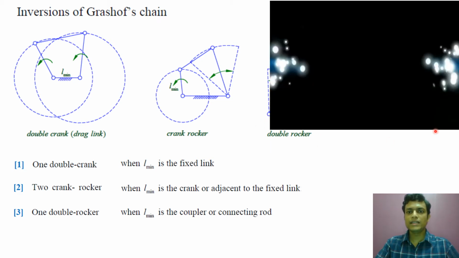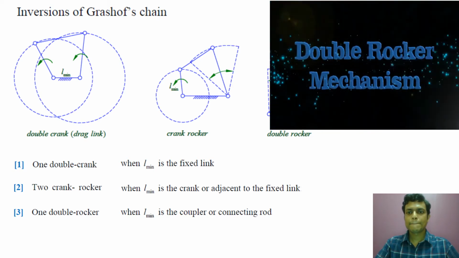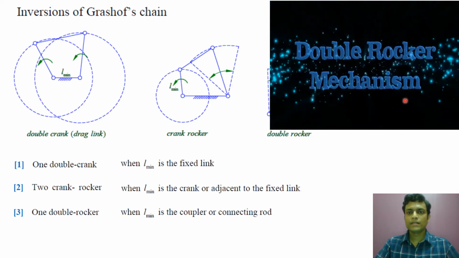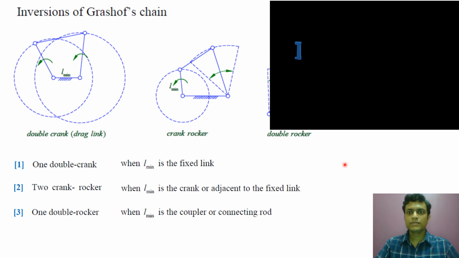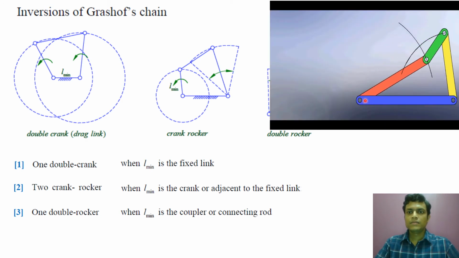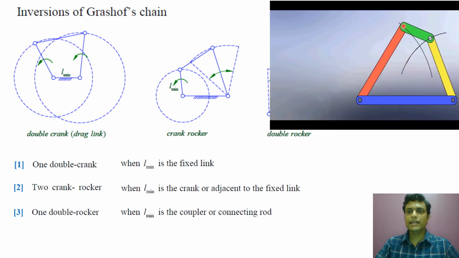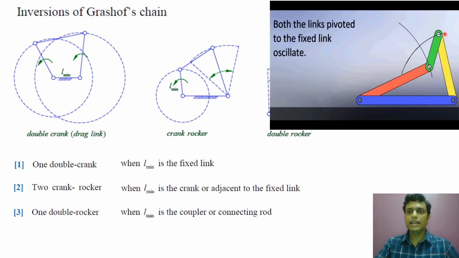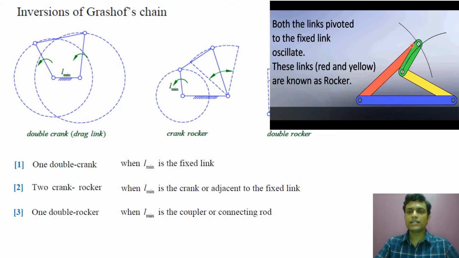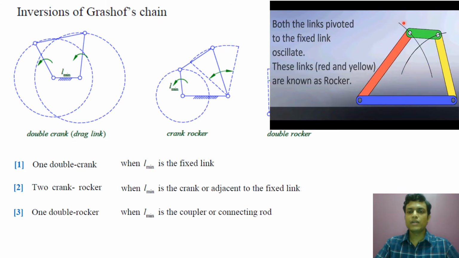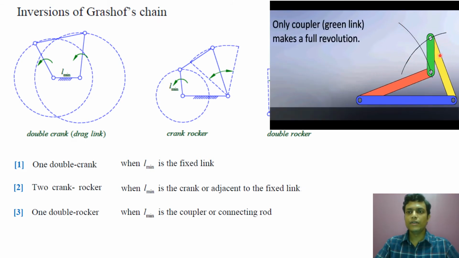So let us see the animation. The blue color link is the fixed link and the green color link is the L min, that is the shortest link, which is at the coupler, and the red color one is the crank and the yellow color link is the follower.